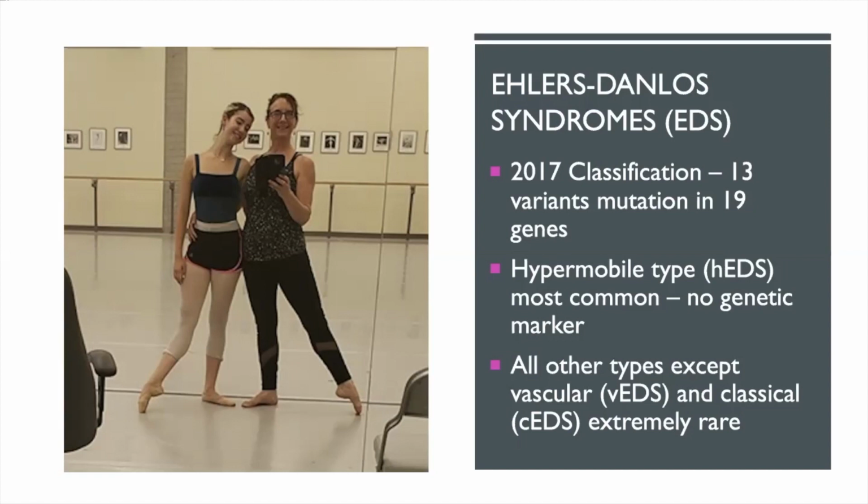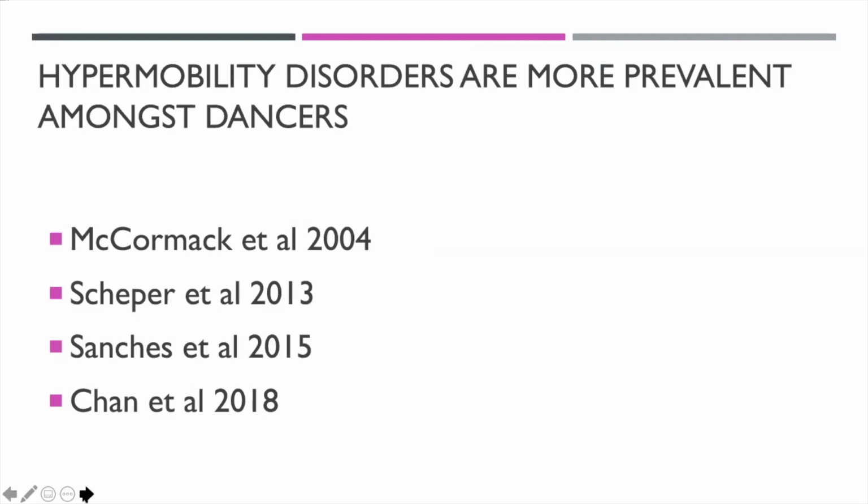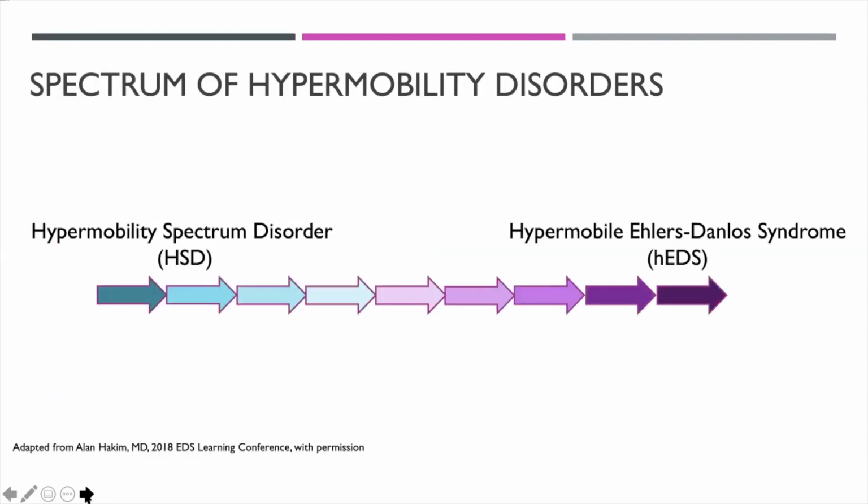There are two other types, the vascular type and the classical type, which are much more common than the other 10 types. So these four authors and their colleagues published 4 very important papers establishing the fact that hypermobility disorders are more prevalent amongst dancers, not just hypermobility itself.